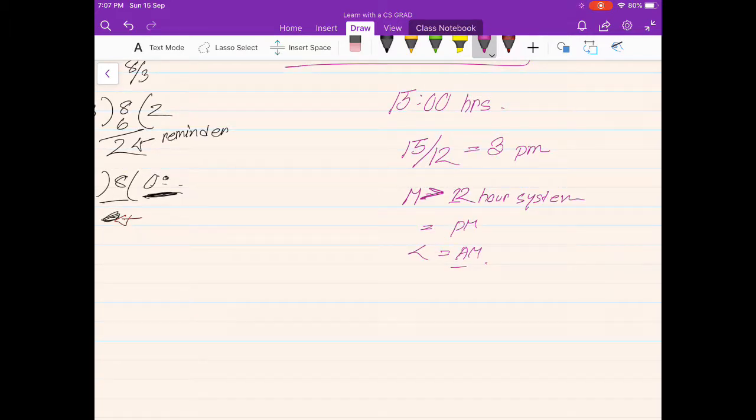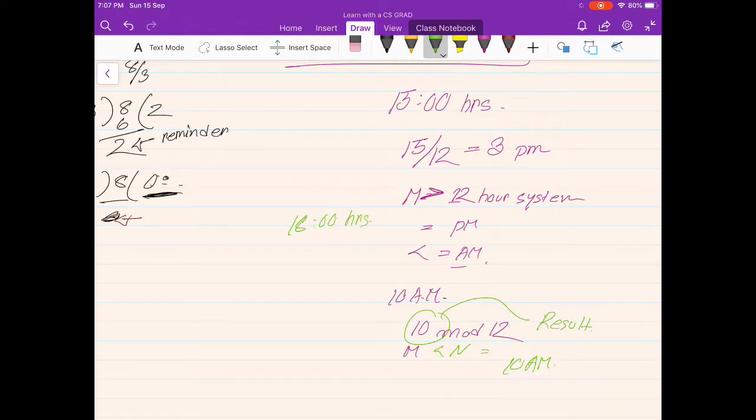Let's say it's 10 AM. If you use the 12-hour system and modular arithmetic, it would be 10 mod 12. As I said, m is less than n here, so 10 would be the result. So it's 10 AM.